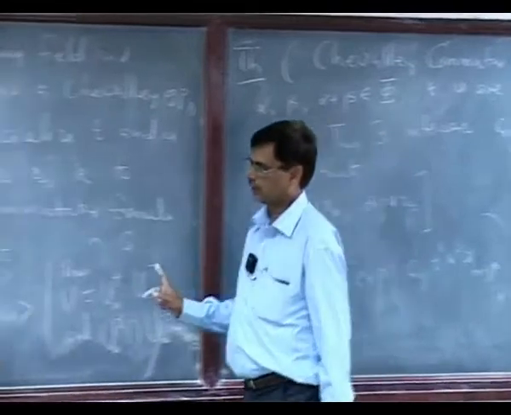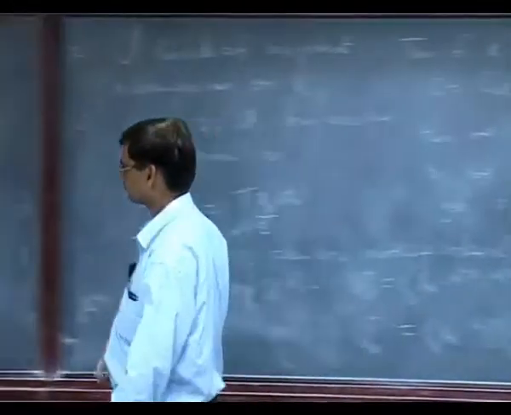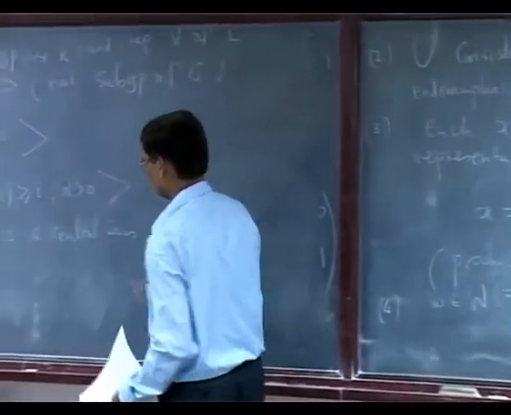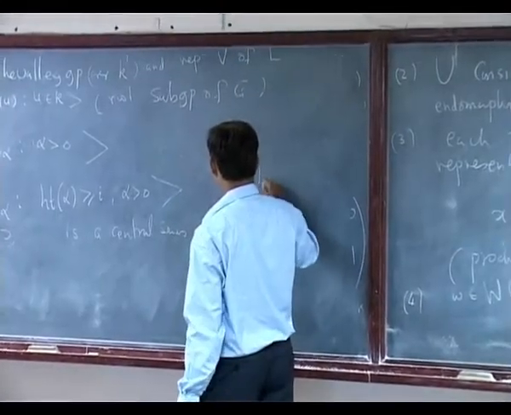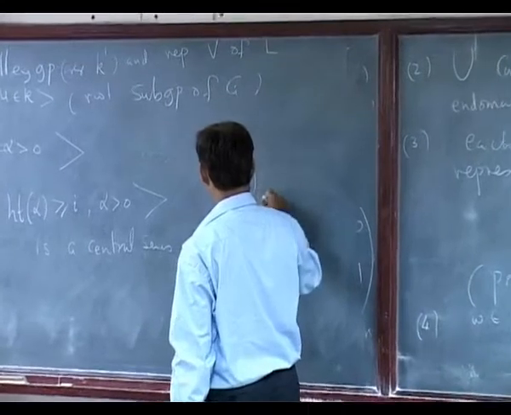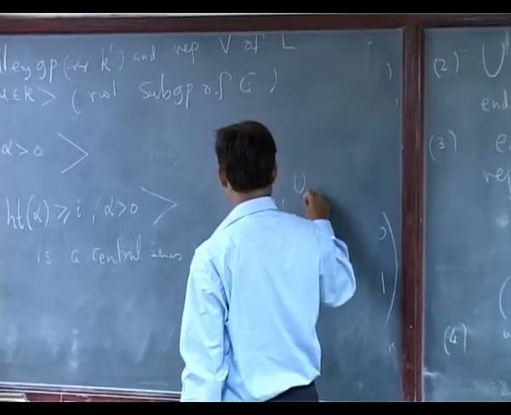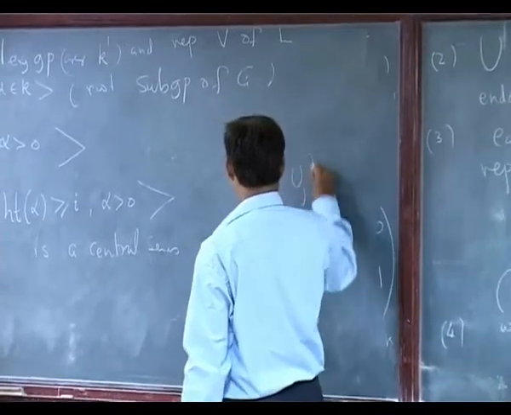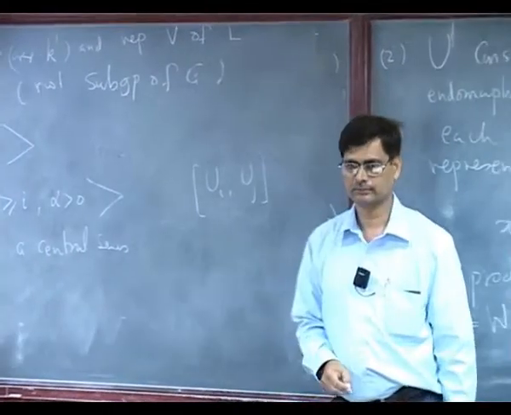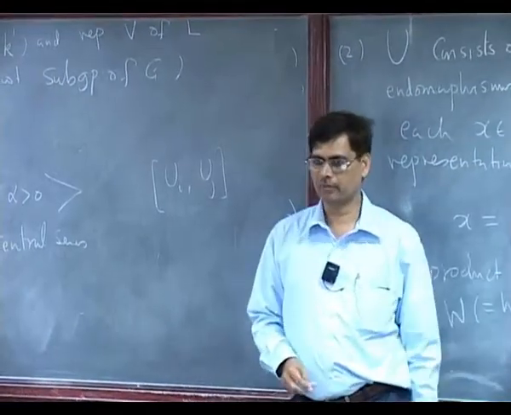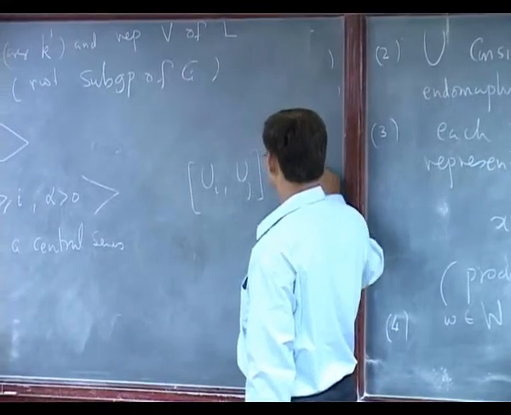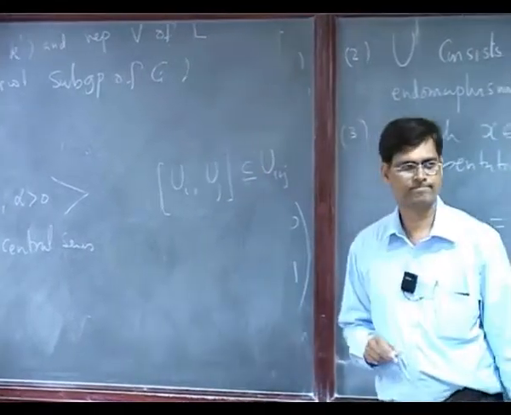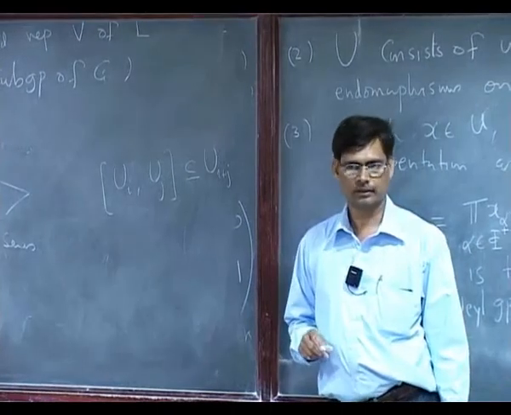Therefore, if I take say u_i and u_j, take the commutator and apply the commutator formula, then this is going to be contained inside u_{i+j}, right.